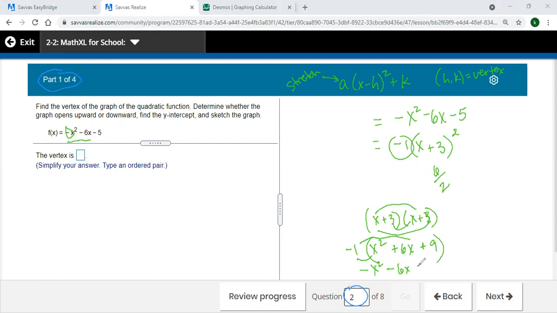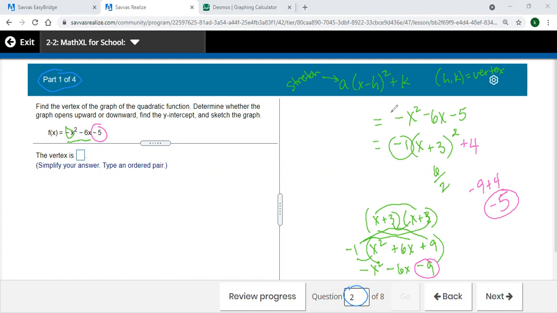Then the 9 becomes -1 times 9, which is -9, but we were supposed to have a -5. So outside here we need to add 4, because -9 plus 4 equals the -5 that we had in our original problem.